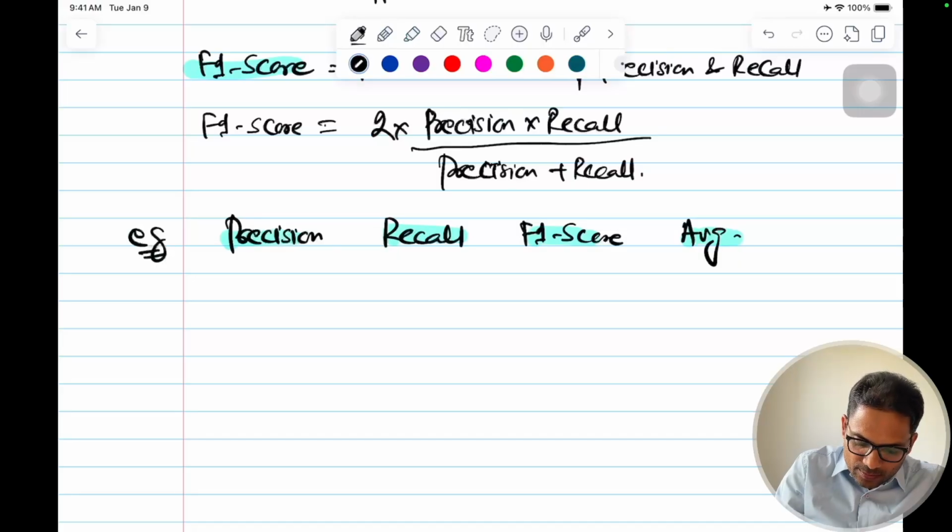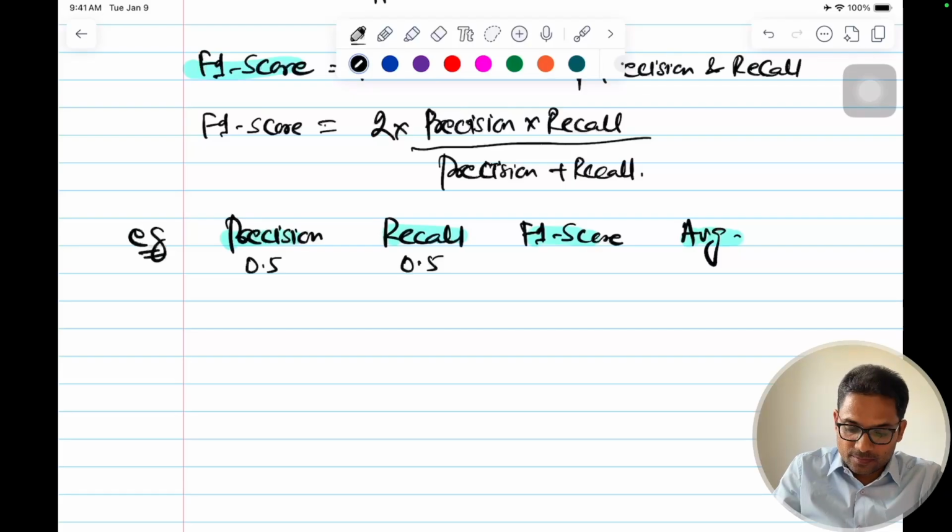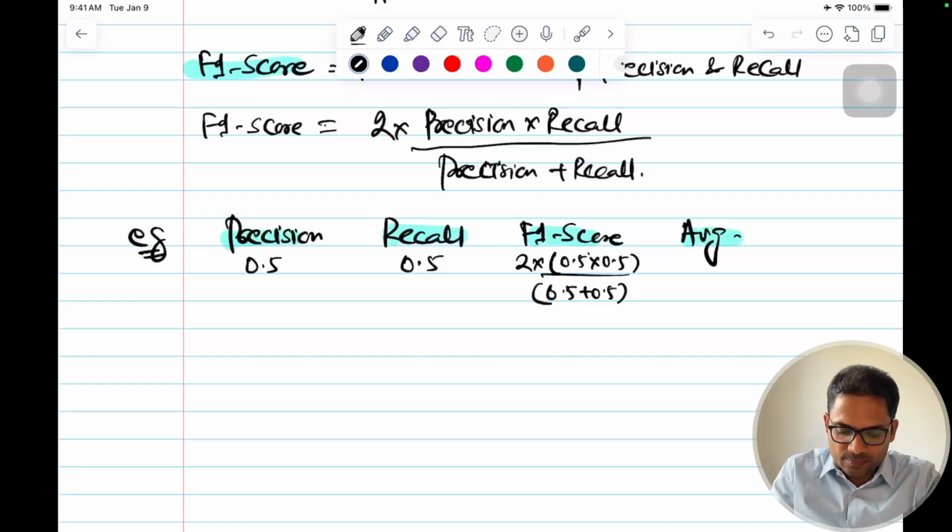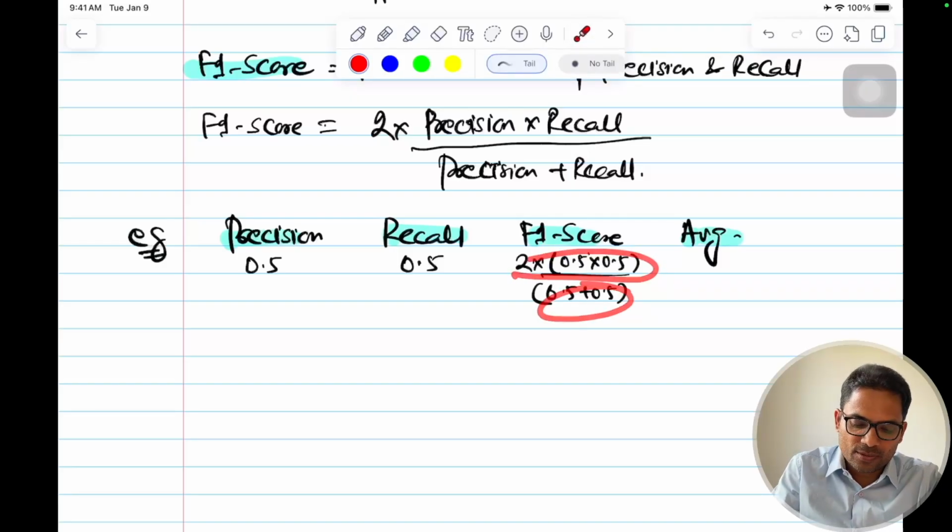Say my precision is 0.5 and my recall is 0.5, so what will be my F1 score? 2 into 0.5 into 0.5 by 0.5 plus 0.5. The denominator will be 1 and the numerator will be 0.5, because 2 into 0.5 is 1 and the remaining is 0.5. So this will be equal to 0.5.